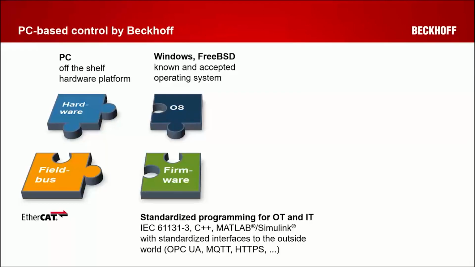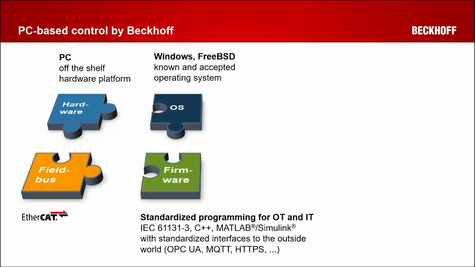So the platform is based on a common PC architecture together with a common operating system like Windows, or with the TwinCAT BSD based on FreeBSD, both of which are very well known in the industry.